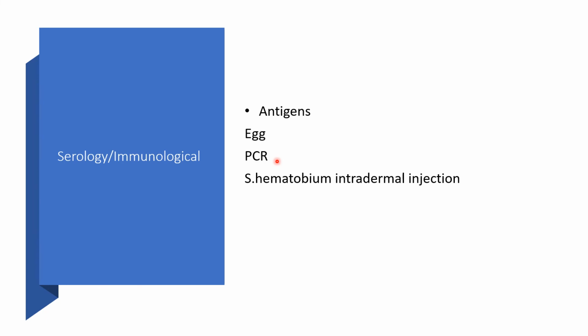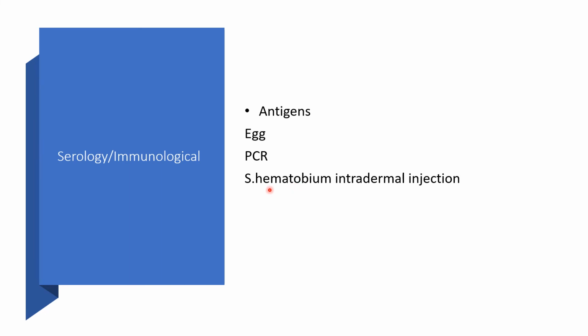Now, let me go to something very small here, but very helpful. In Schistosoma haematobium, you can inject schistosome antigen intradermally, and that can help because it will then form a wheal. When that is the case, that is good enough to say that you are dealing with Schistosoma haematobium infection.